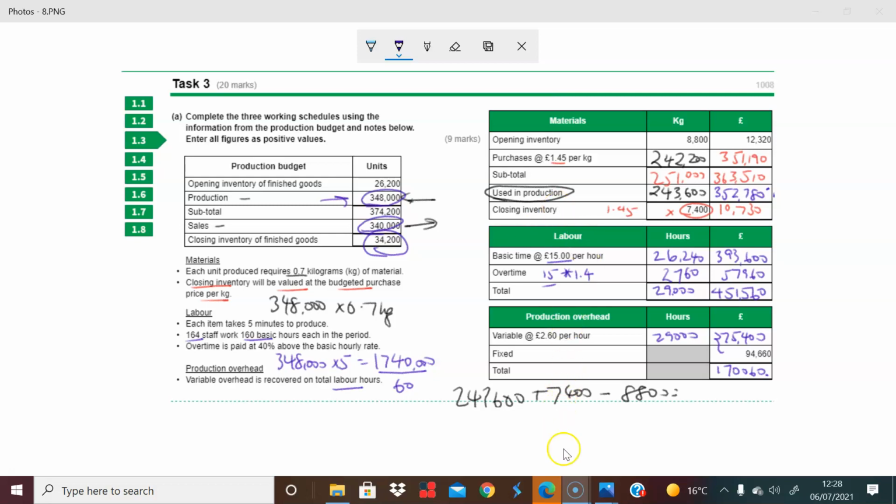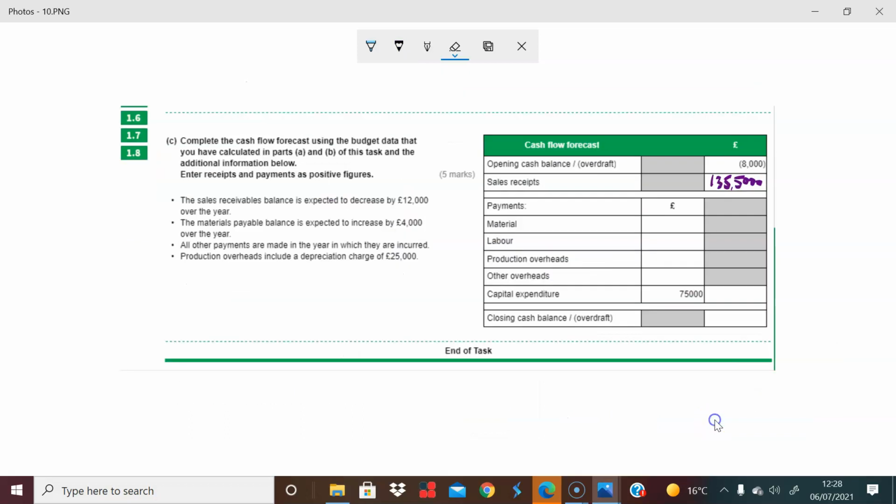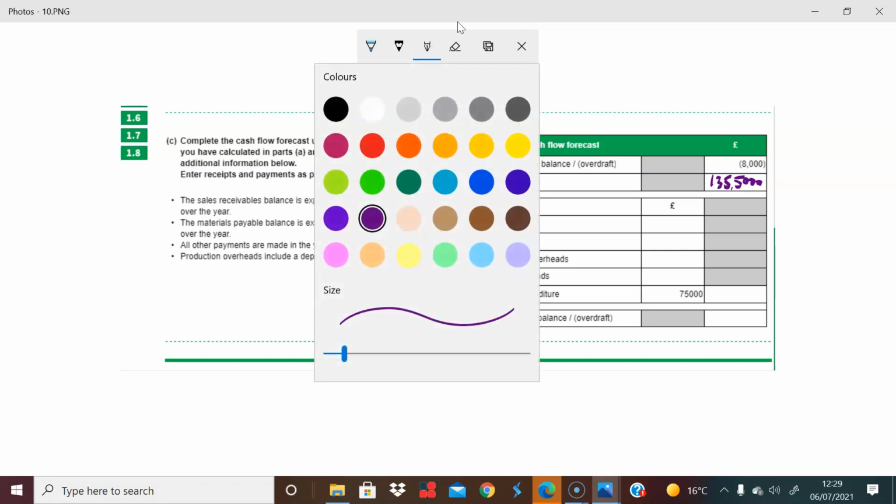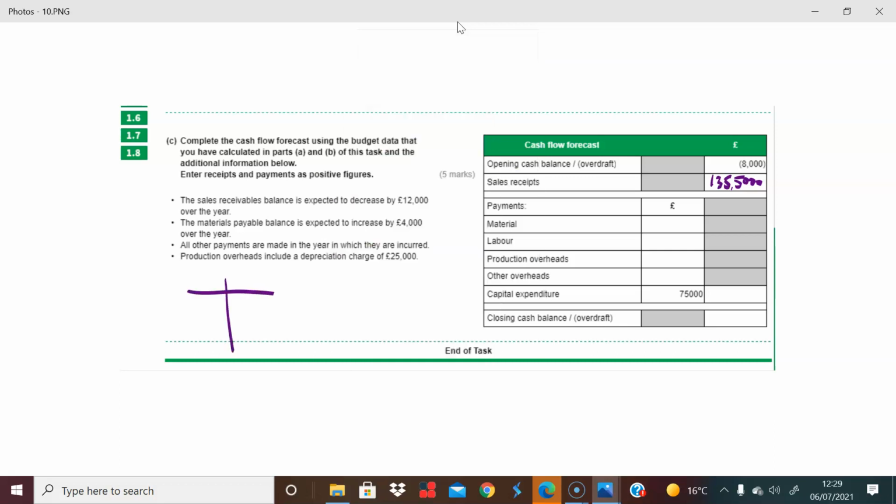So purchases are 351,190, and I have a trade payable of 351,190, and it says that trade payables are expected to increase by 4,000.